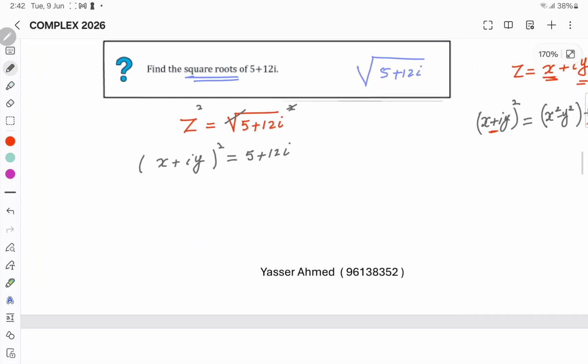So the real part is x squared minus y squared, and the imaginary part is plus 2xyi. All of that is equal to 5 plus 12i.